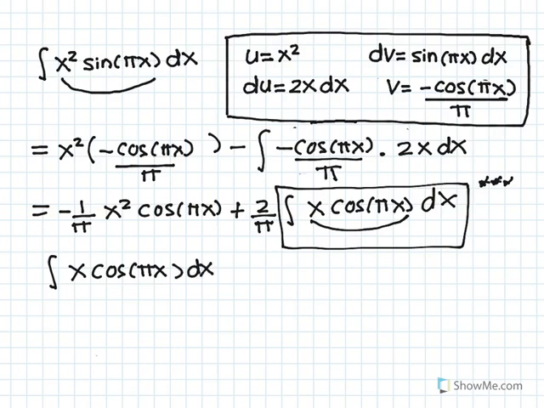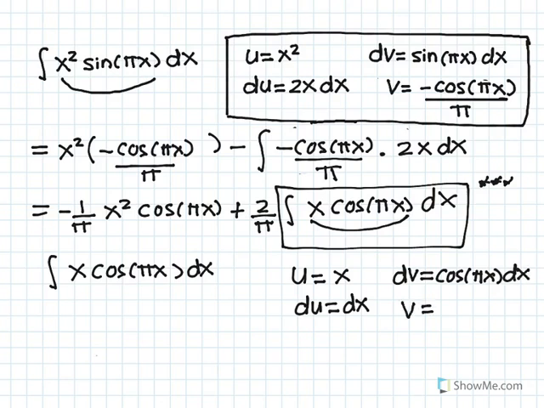According to the LIATE principle, we're going to choose u to be the algebraic function because that comes first on the list. u is equal to x, and its derivative du is equal to dx. What is left over is dv. dv is equal to cos of pi x dx. And we integrate both sides, and the integral of cos of pi x will be sine of pi x divided by pi, reversing the chain rule.